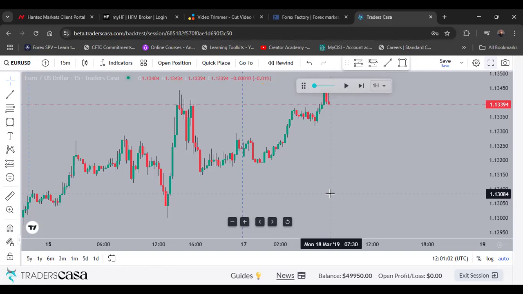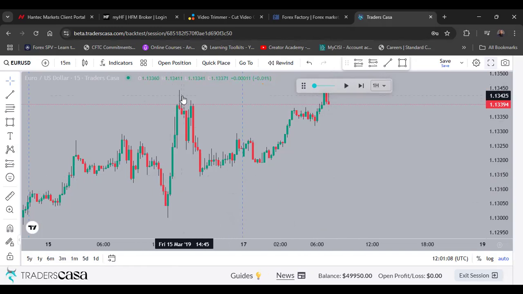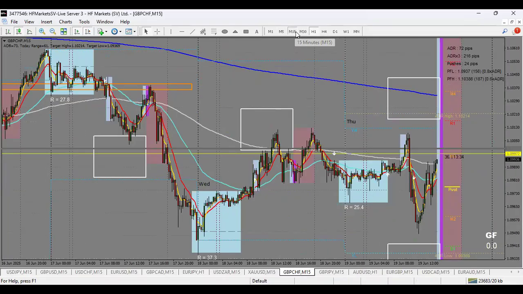As the market rises and falls, it will be swinging. So you have the swing highs and swing lows, and that is how a bullish market is created, and how a bearish market is created. A bearish market would have swings going down, and a bullish market would have swings going up.